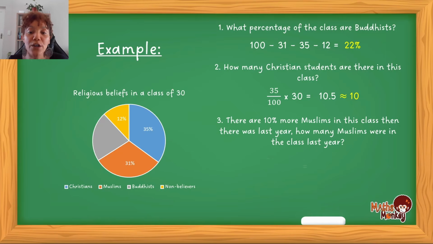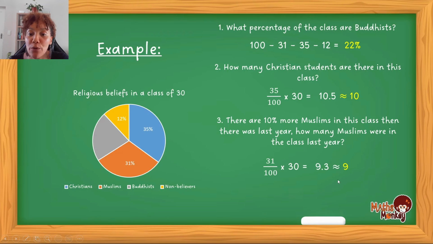The way you would do this calculation is, first let's calculate how many Muslims there are in the current class. We've got 31 divided by 100 multiplied by 30, because you are given the percentage, and that will give you 9 students. Now there are 10% more in this class, which means in the last one there were 10% less.